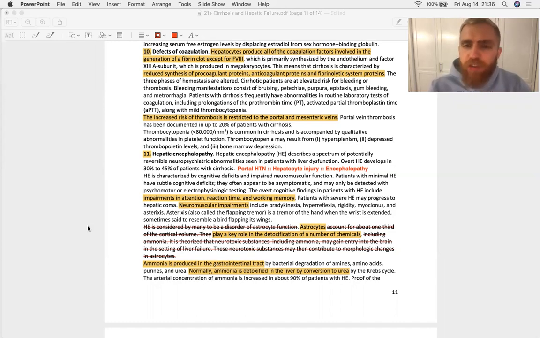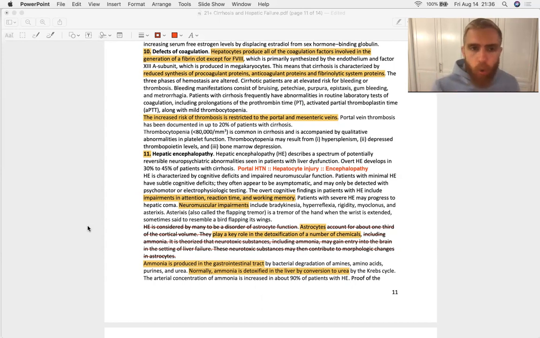So cirrhosis is characterized by reduced synthesis of procoagulant proteins, anticoagulant proteins, and fibrinolytic system proteins. So you are all out of whack when it comes to your homeostasis. It's severely altered. So you have not only an elevated bleeding risk, but you also have an elevated thrombosis risk.